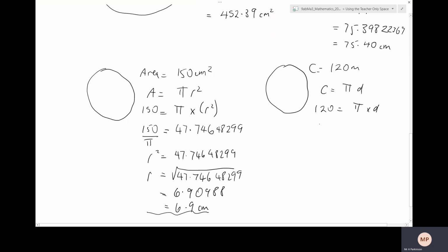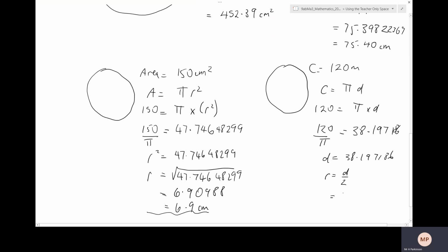Again, we need to get rid of that pi, so we need to do 120 divided by pi. 120 divided by pi is 38.197186. So that means the diameter is 38.197186.